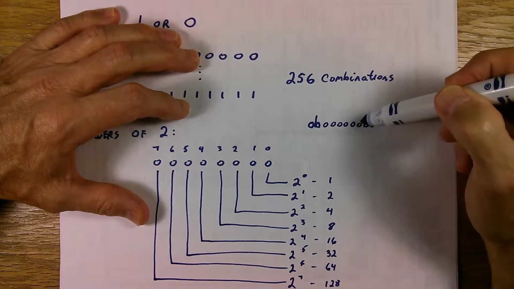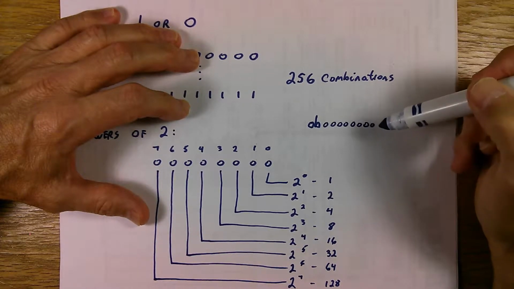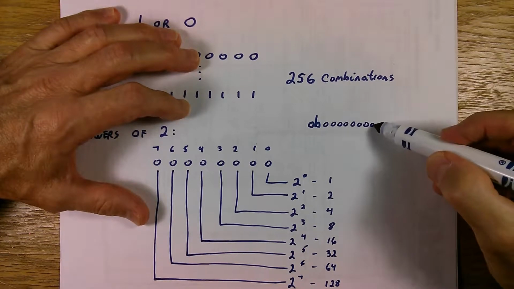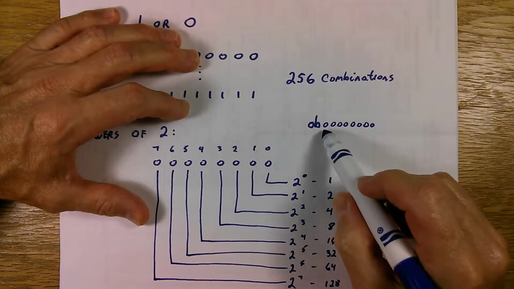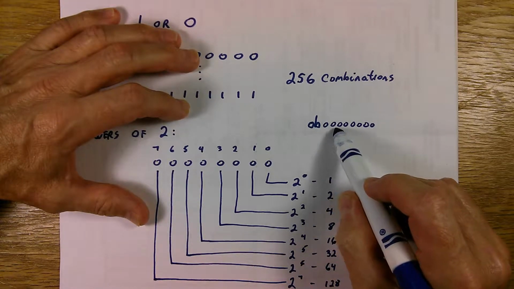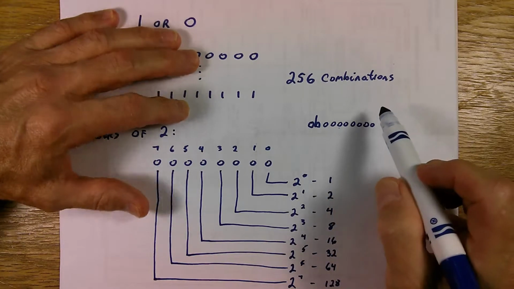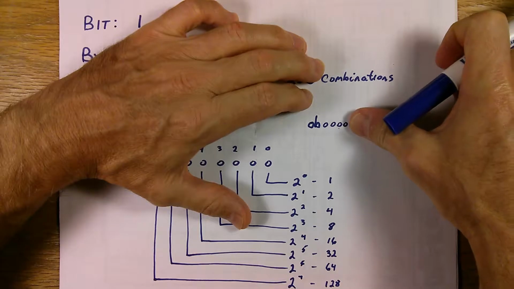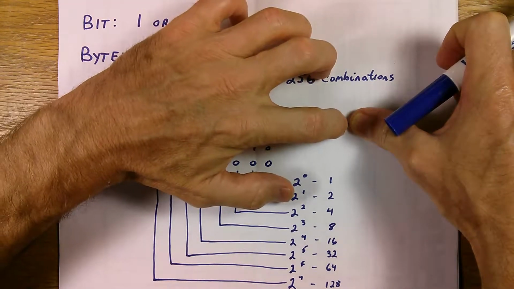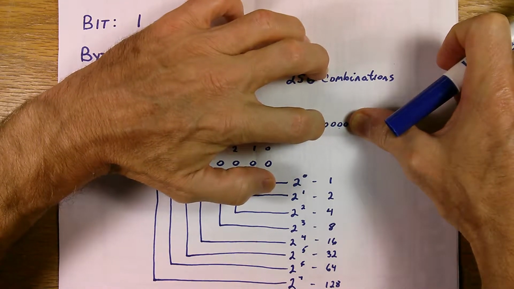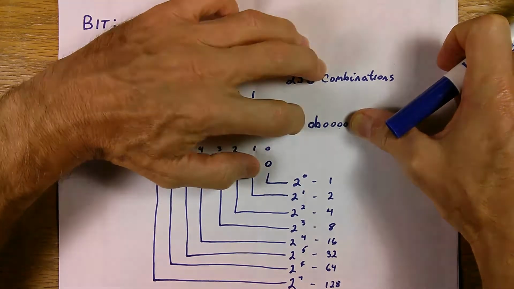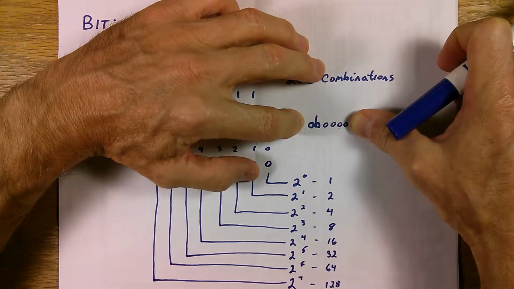You can get away with not writing all 8, but what the compiler does is it assumes that the last one here is always the units digit, and it just sets to 0 any of the ones that you haven't defined here. So if I was just to put down 0b with just 4, whatever these combinations of 4 bits would be written to the lower 4 bits of the register, and the upper 4 bits would just be written 0.